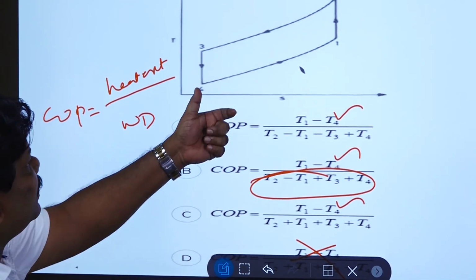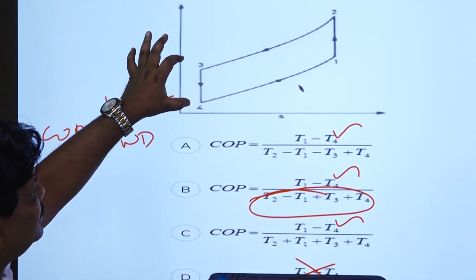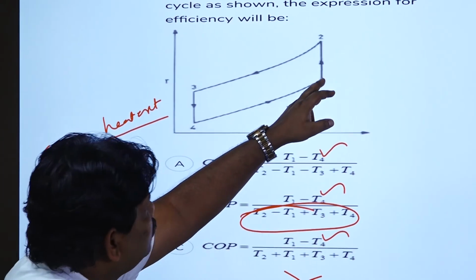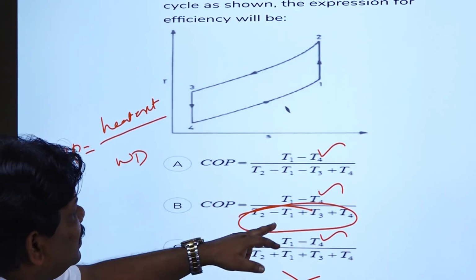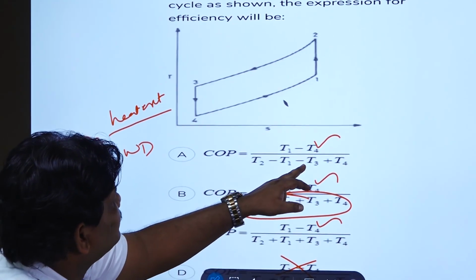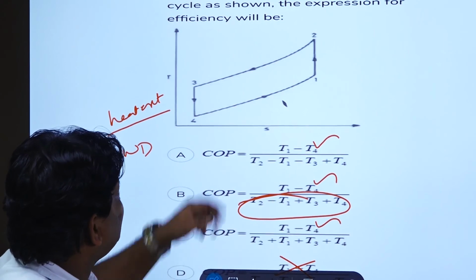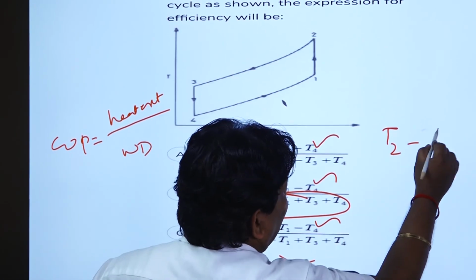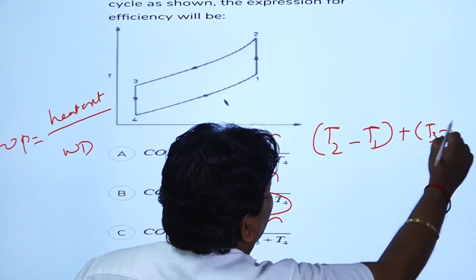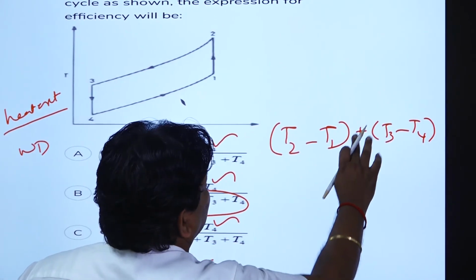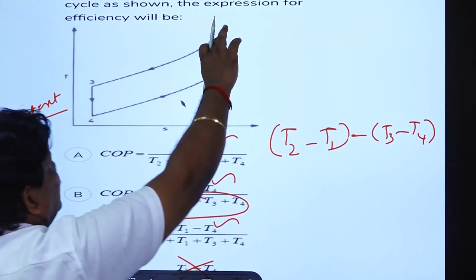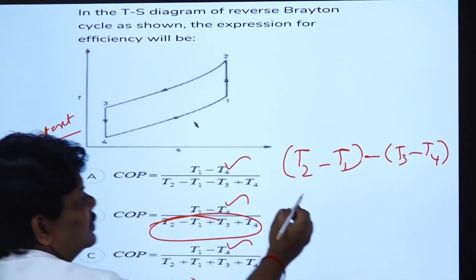Right, so if you find the change in temperature at these two regions, that is 1 to 2 and 3 to 4, you can find whether it is T1 minus T2, minus of T3 minus T4. Am I right? If it is T2 minus T1, plus T3 minus T4, or minus of, so if you subtract from this T2 minus T1 and T3 minus T4, what you will get?